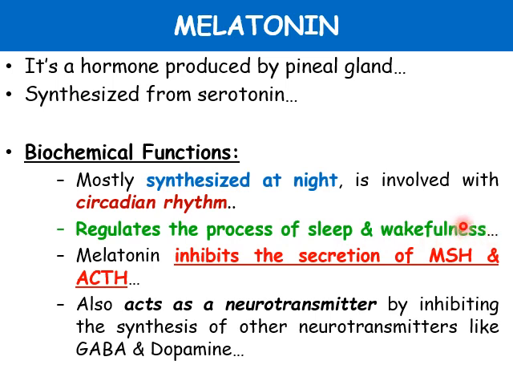So when to sleep, when to wake up, when we get hungry, it's all the rhythm that is controlled by melatonin. This melatonin inhibits the secretion of MSH, that is melanocyte stimulating hormone, and ACTH. This melatonin also acts as a neurotransmitter by inhibiting the synthesis of other neurotransmitters like GABA and dopamine. So these are the functions of melatonin.